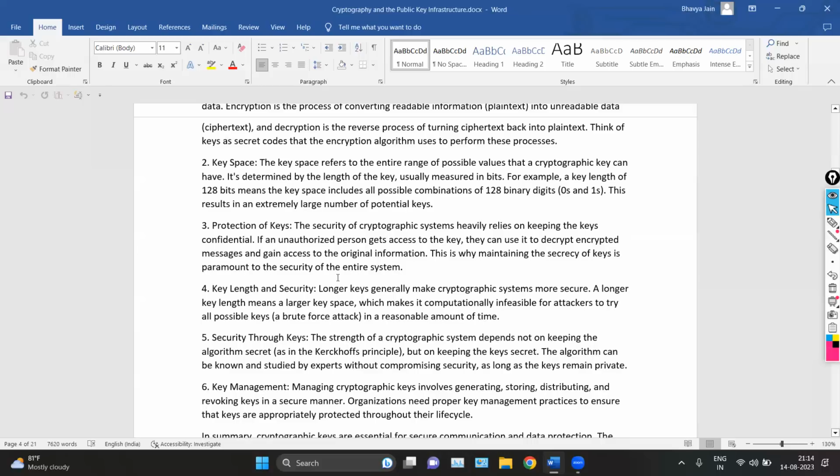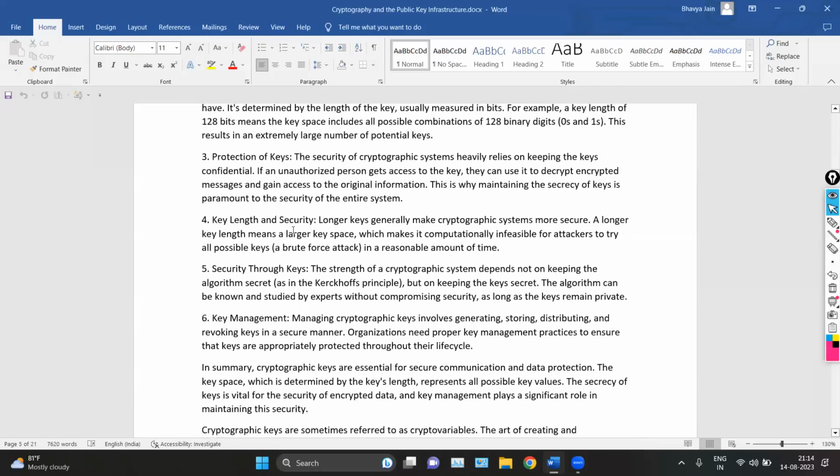You can crack the keys on the basis of the rainbow table, which is a hash table, also known as collision, which we will discuss later. So protection of the key is important rather than protection of your algorithm or method. This is why maintaining the secrecy of a key is paramount to the security of the entire system.